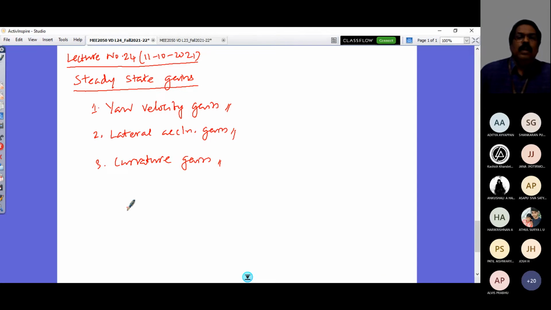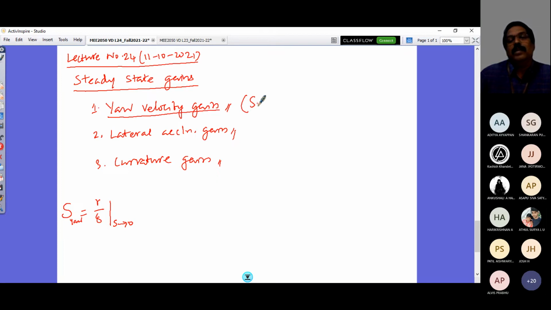So what is your yaw velocity gain? It is r by delta as s tends to 0 in the transfer function. And I would say that the capital letter S refers to the yaw velocity gain. In some textbooks, capital G is what is used.